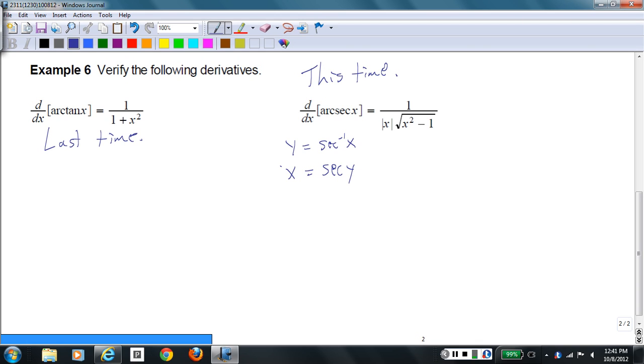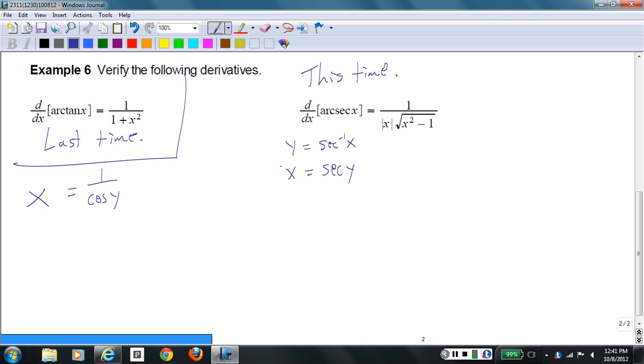If I want to write this in terms of cosine, we know that secant of y is the reciprocal of the cosine of y. So x, just plain old x, equals 1 over cosine y. I'm not taking reciprocals of both sides, I'm just observing that secant of y equals 1 over cosine y.